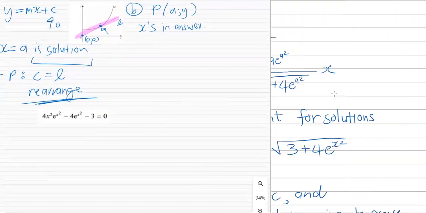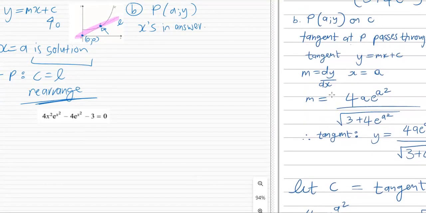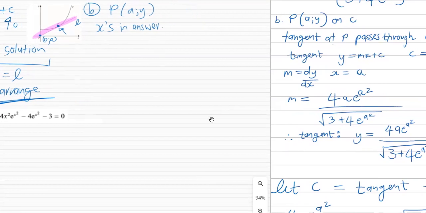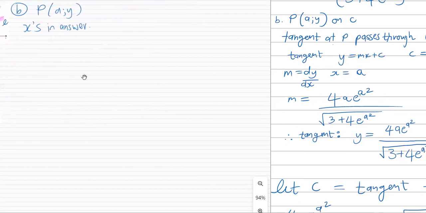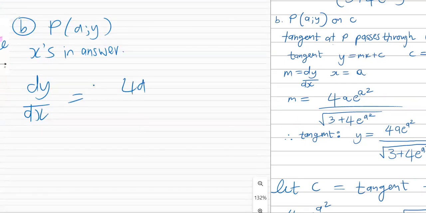Well, what do we have? We have our first derivative, which we worked out in question A. Just for space, I'll come back to that. So we know that our dy/dx from question A is 4, just change the x here to an A. So this is exactly the same thing.